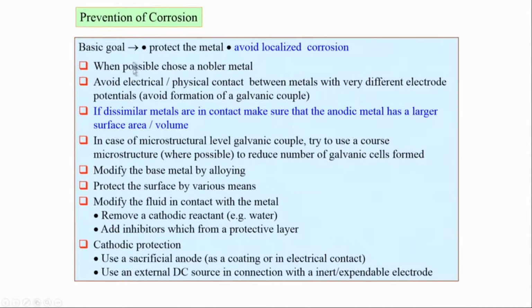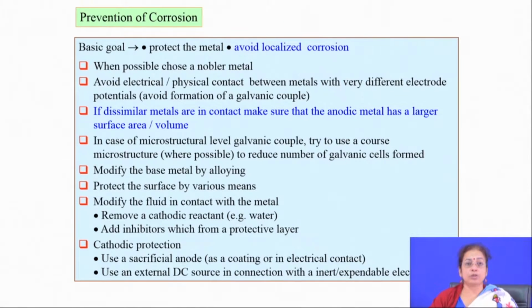Now, this is the summary sheet. Our basic goal is to protect the material from corrosion and avoid localized corrosion. So, whenever it is possible you choose that. These are typical thumb rules which must be followed for minimizing the corrosion kinetics in an actual component.